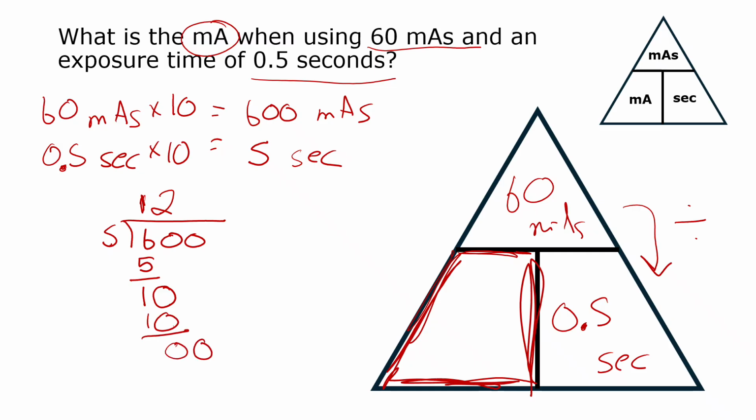Drop the other 0, and then 0 times 5 equals 0. So the answer is 120 mA times 0.5 seconds equals 60 mAs.